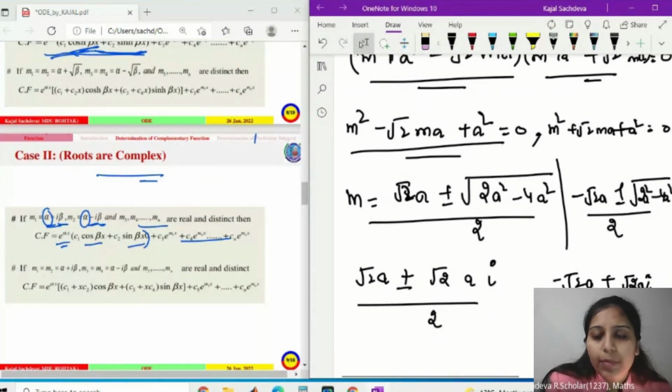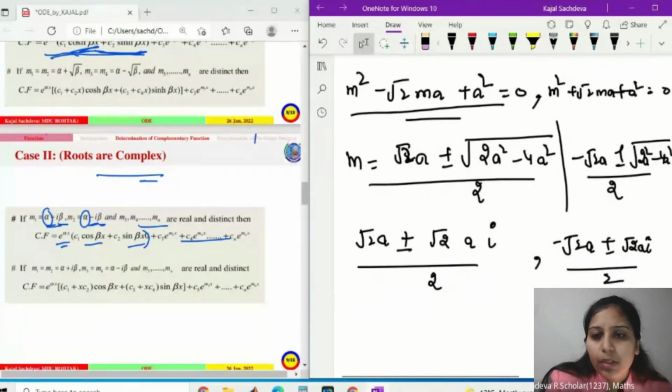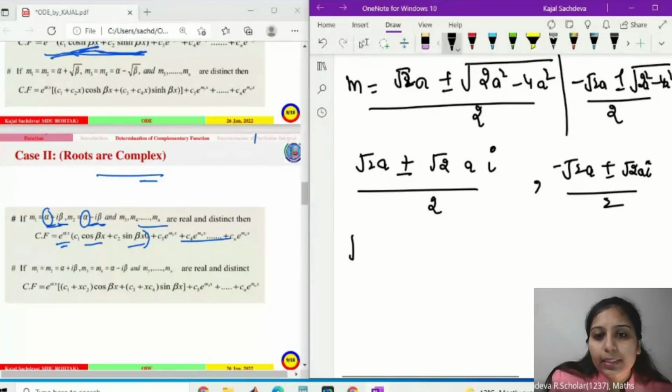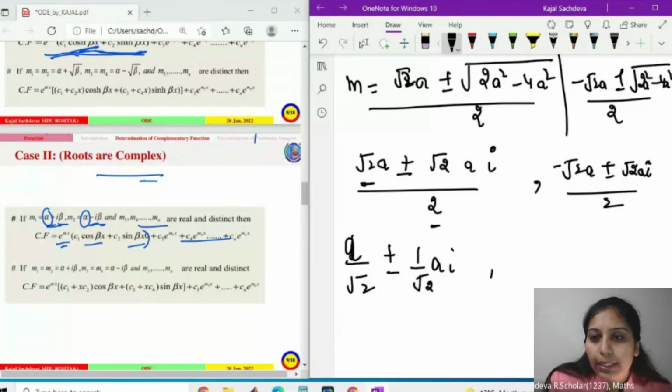So we get the imaginary roots here in conjugate pairs. We can write it as a upon root 2 plus minus a iota upon root 2, and in the similar way minus a upon root 2 plus minus a iota upon root 2.